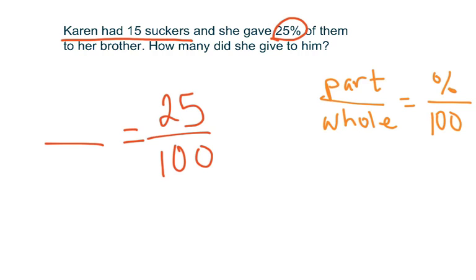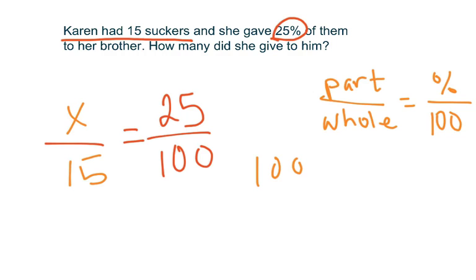When she gave some away, that's the part that she's basically getting rid of. So the part in this problem is the amount that she gave to her brother, and the whole amount is the amount that she had, so 15. Part over whole. We're trying to figure out the part that she gave away.